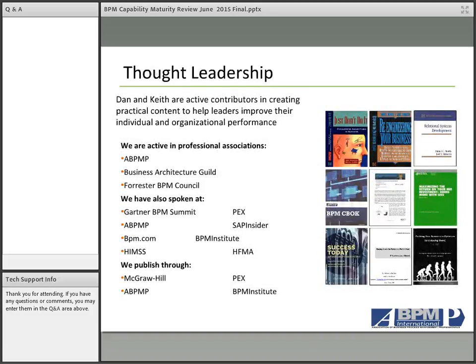You'll find that they actually like being in the thought leadership position. There's a list of the types of activities that they engage in on the left-hand side of the slide that includes things ranging from ABPMP to PECS to a host of other environments. And on the right-hand side, you'll see some of the things that they have published that address various and sundry topics that deal with BPM and improving your business.